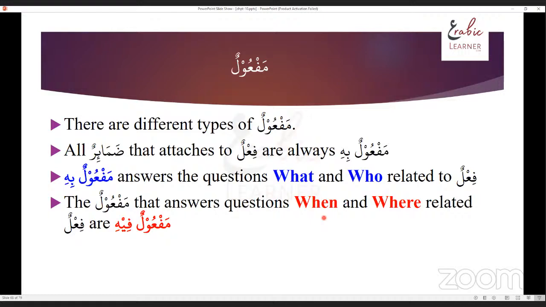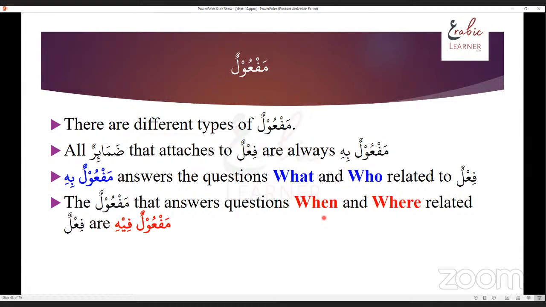Yes, we will come to examples. I'm telling this theory because once you know with examples, it will become simple for you. Then you go back to this slide and you will remember it.